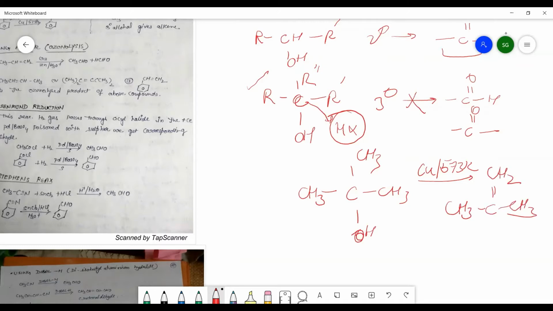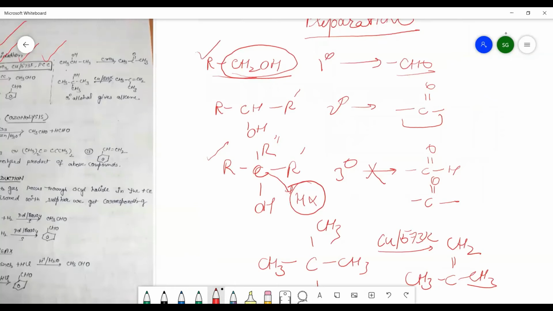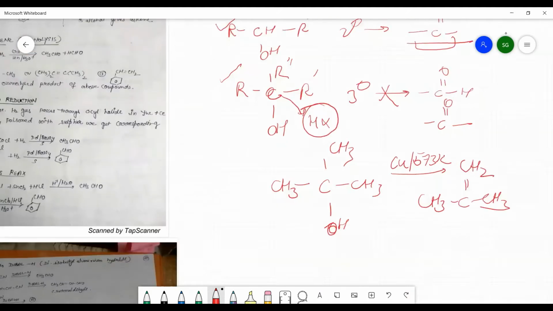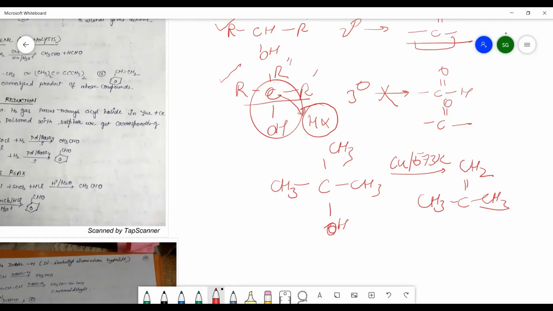Means there is a generation of alkene, not aldehyde or ketone. So it is very important: for the primary alcohol, there is a formation of aldehyde. In the secondary alcohol, there is a formation of ketone. And in the tertiary alcohol, where there is no hydrogen present along with the carbon atom, it results in the formation of isobutene in case of tertiary butyl alcohol, or alkene in case of tertiary alcohol.